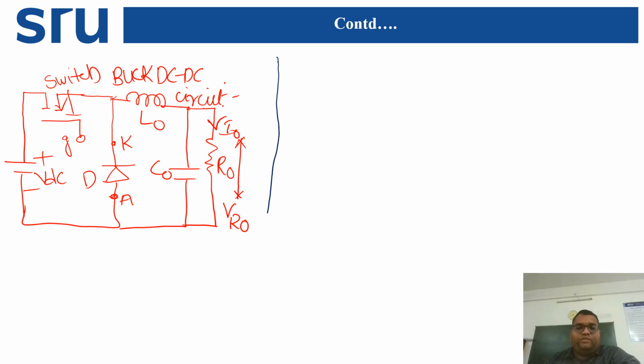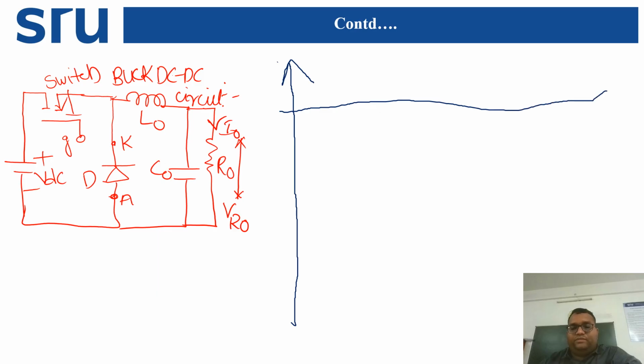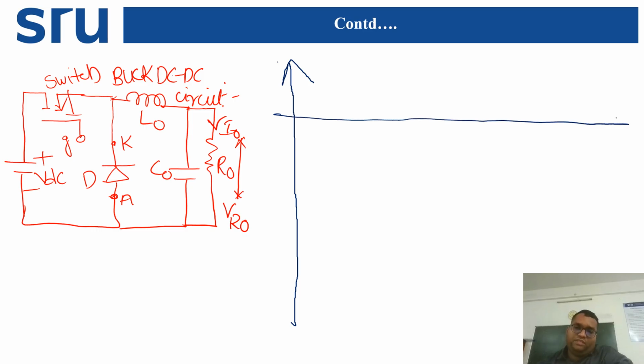Then let us take a horizontal line. This is 0. And here we will divide the line into different parts.